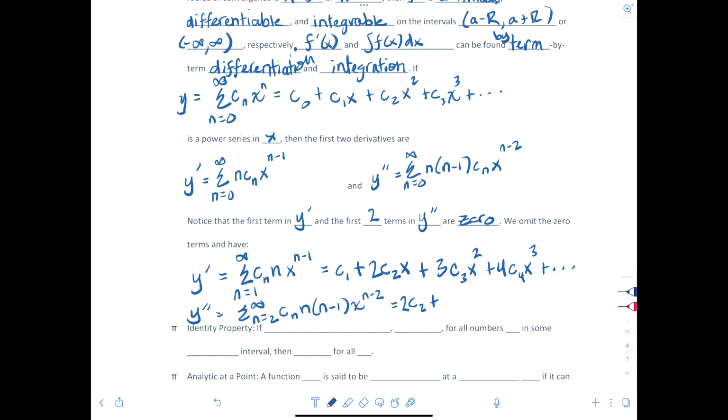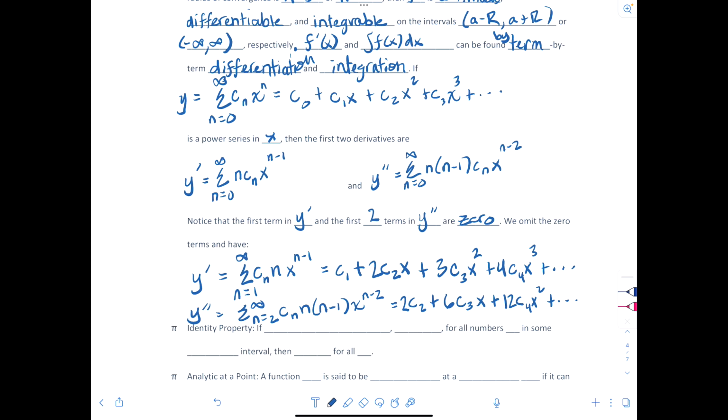So we would have 6 c3 x to the 1. I forgot my c2, my bad. Cool. And then when n is 4, we would have c4, n is 4, so we'd have 4 times 3 is 12. So 12 c4 x squared. And it would continue in that manner. Groovy?